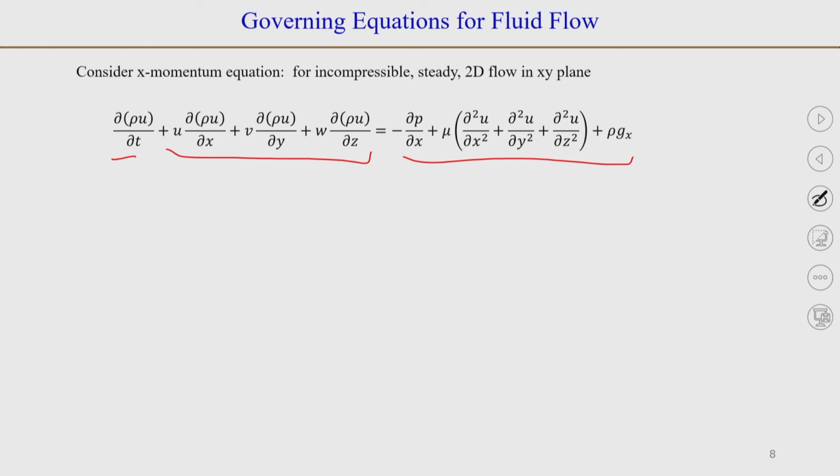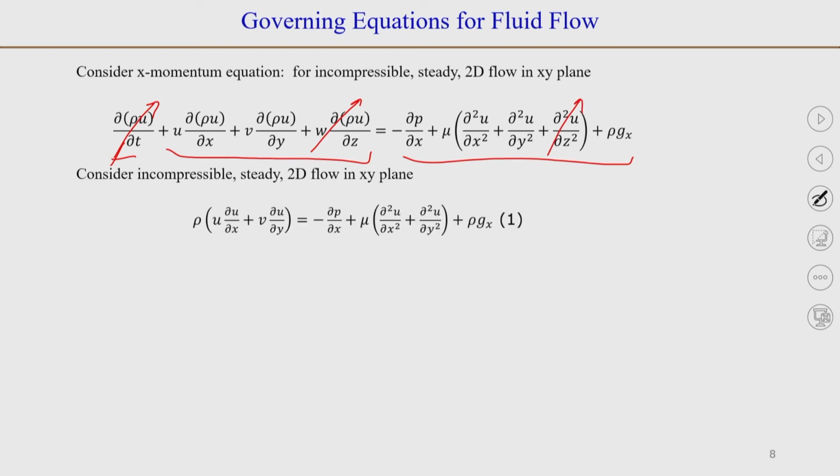Now, if we do it for a steady flow, the first term, because it is time dependent, will become 0, and because it is 2-dimensional flow, w will be 0 and ∂²/∂z² will also be 0.